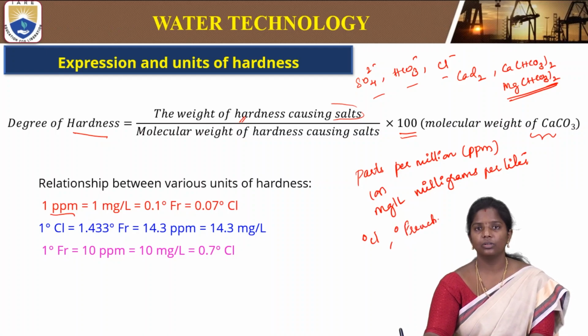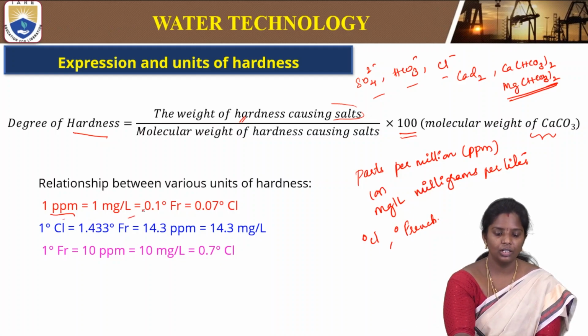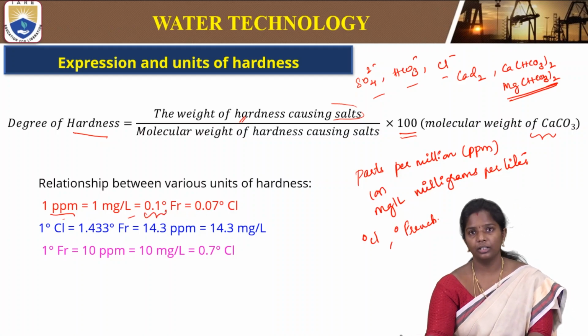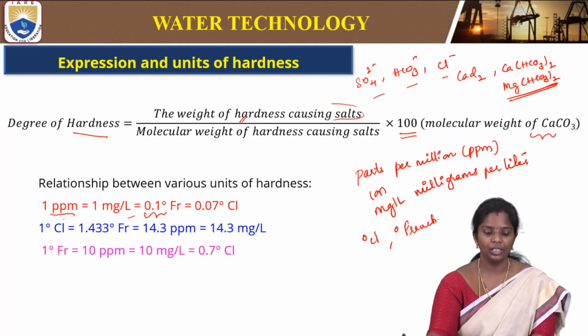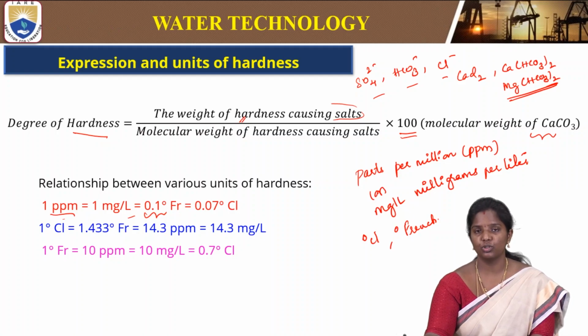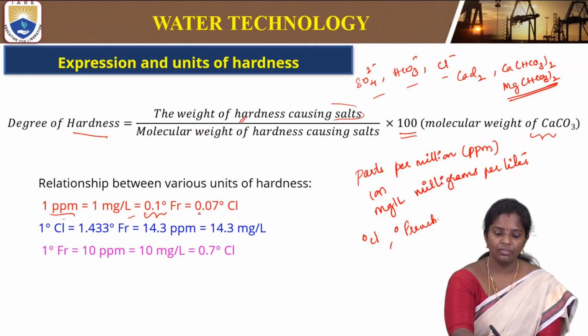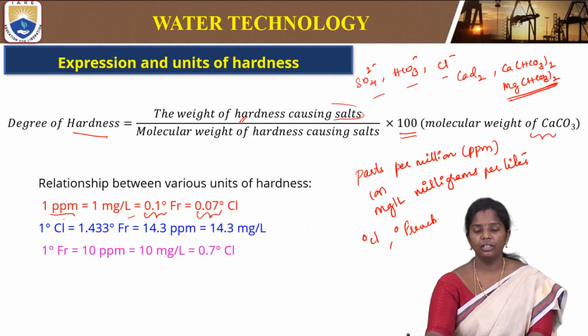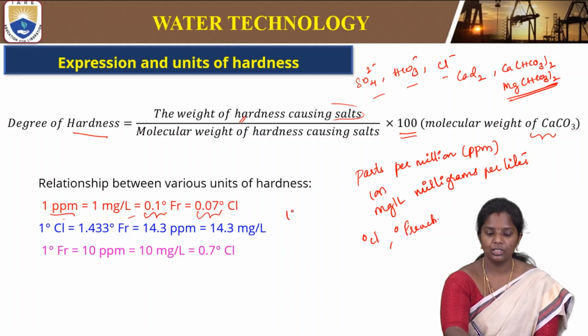There is a simple conversion: ppm is equal to mg per liter, but we use 0.1 to convert ppm to degree French, and 0.07 to convert to degree Clark. So 1 ppm is equal to 0.07 degree Clark.